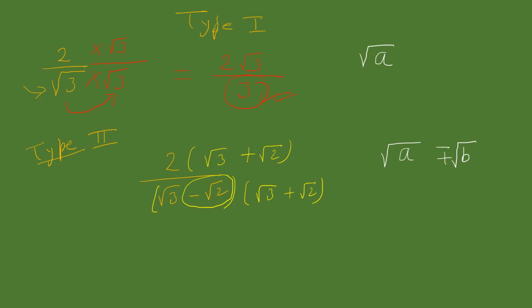Because if there is 1 by under root a plus under root b, then the rationalization factor will be under root a minus under root b. If there is a plus, we apply minus. If there is a minus, we apply plus, meaning the converse of the sign which is already given.